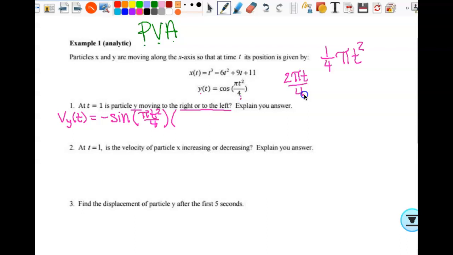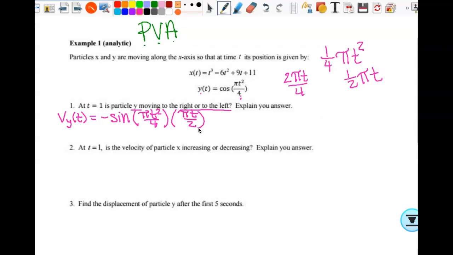So if I do it here, I get 1/2 pi times t. But either way, if I want to put it all back in 1, I can just do pi times t over 2. You with me on that for the derivative? Okay. You write it however you want, but that's what's happening there.